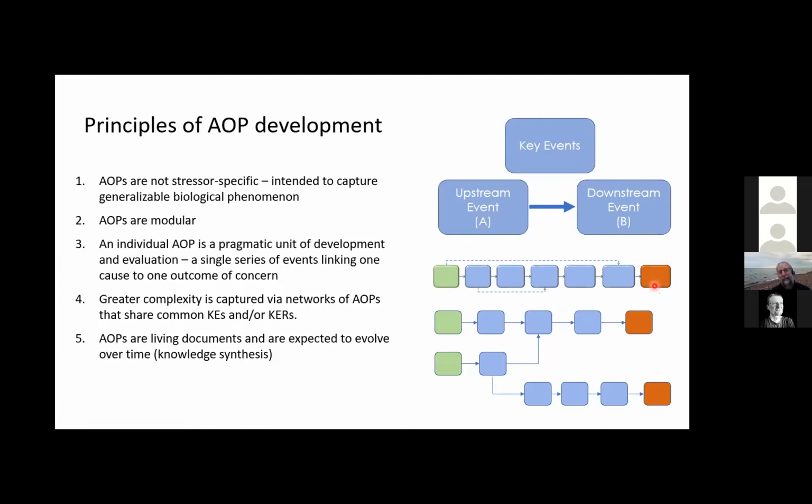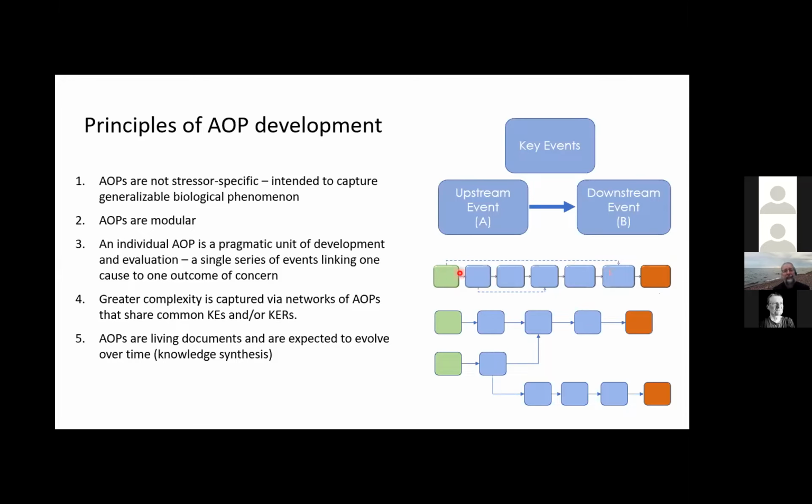So one series of these events is basically described as an adverse outcome pathway, and we recognize this as just a pragmatic unit of development and evaluation. This is a tractable amount of information for an individual or an author or a group to assemble, and it's the basic unit that can be used for decision making because we can extrapolate from the things we're measuring to the outcomes that we care about.